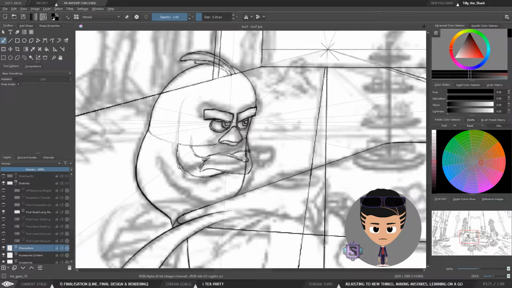Okay, so let's think. Okay, so this wing needs to be shorter. And this wing is going to hold a cup of tea.